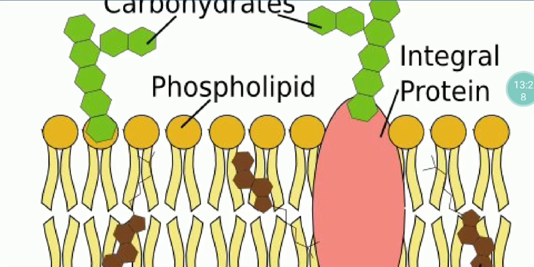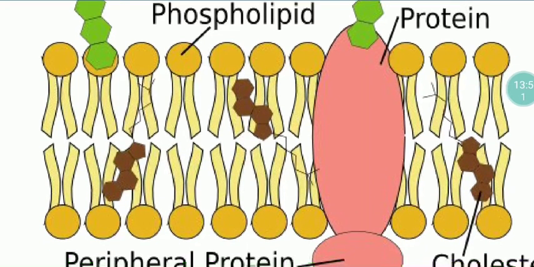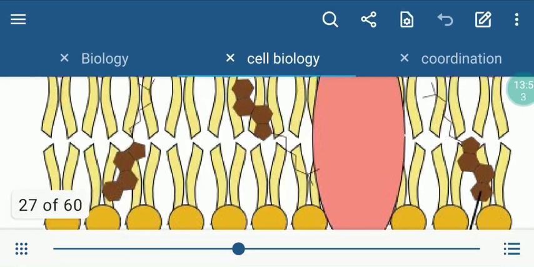Glycolipid. Then if the carbohydrate is attached to the protein, we call it glycoprotein. One is a glycolipid, attached to the lipid, and on the pink colored structure you can find one more carbohydrate attached, that is a glycoprotein.